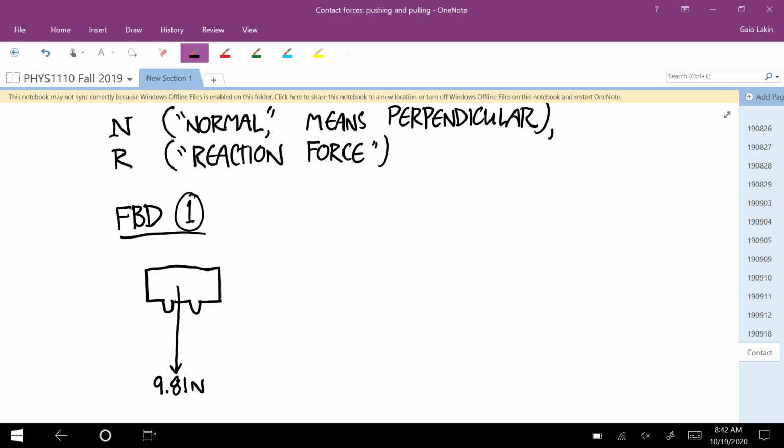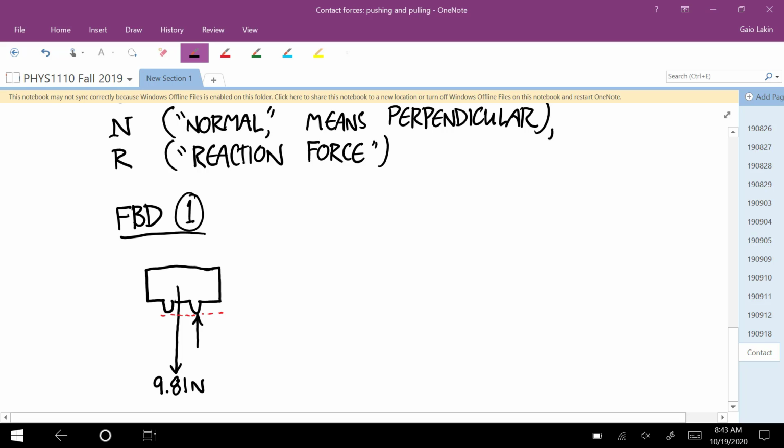Okay, well, that's a pushing force because the ground is keeping the object from sinking into it. So now we just follow the rules of the direction of a pushing force. Here's the surface of contact. So our pushing force is perpendicular to that, toward the chosen object.